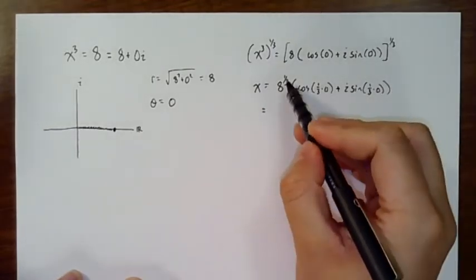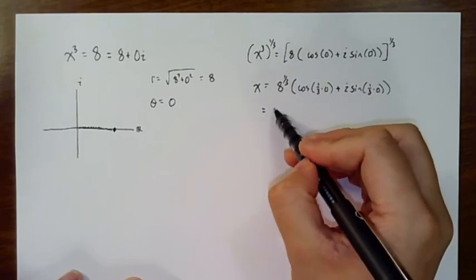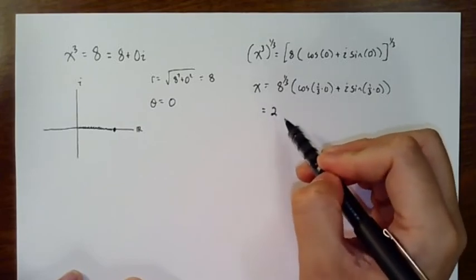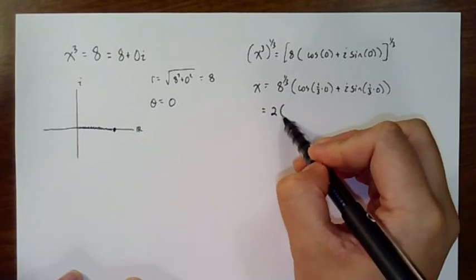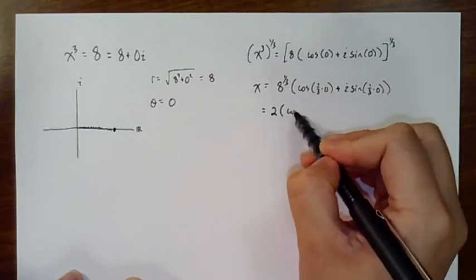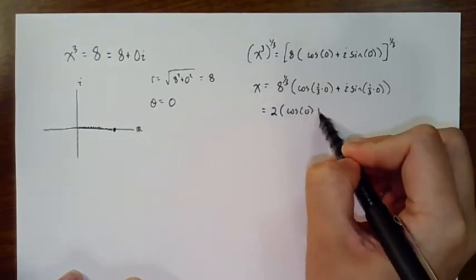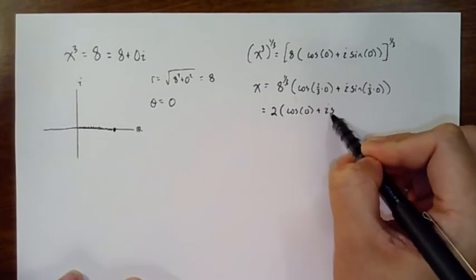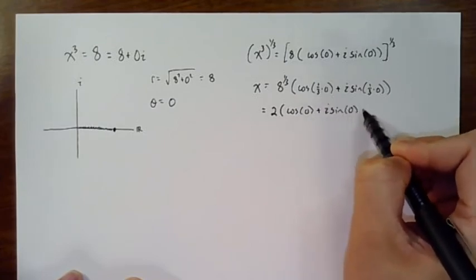And we can reduce this. 8 to the 1/3 is the cube root of 8, which is 2. And then we have cosine of 0 plus i times sine of 0.